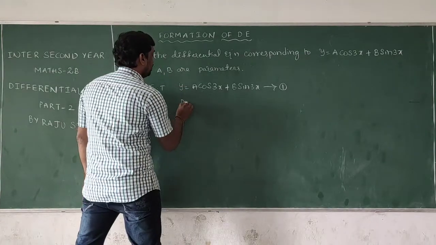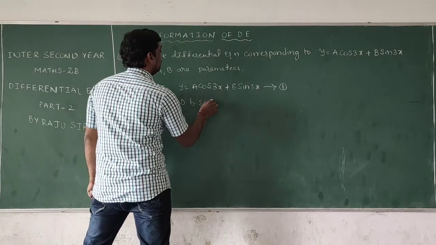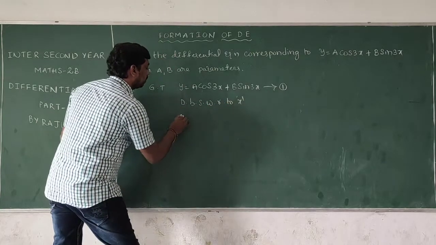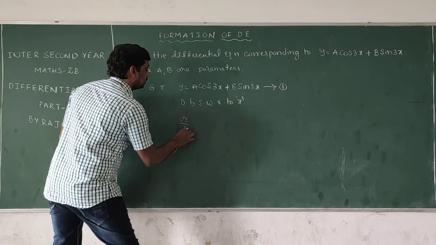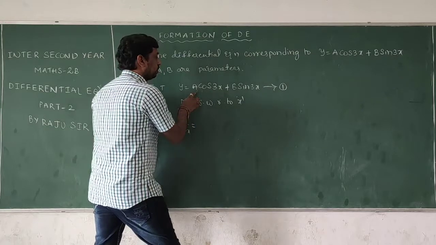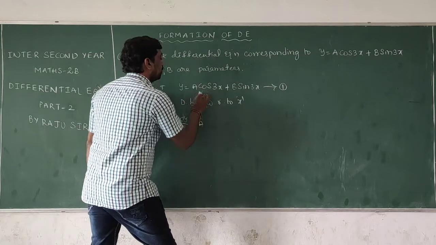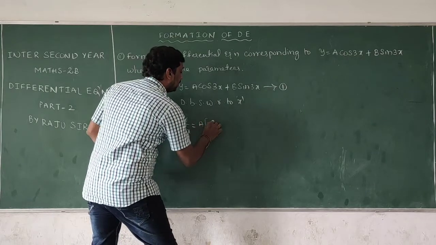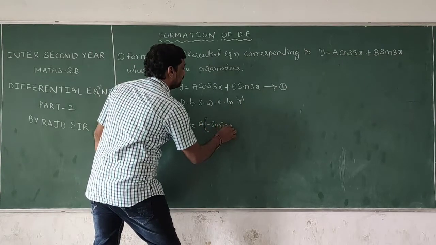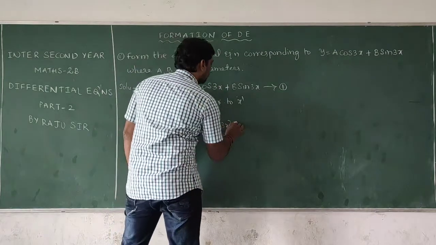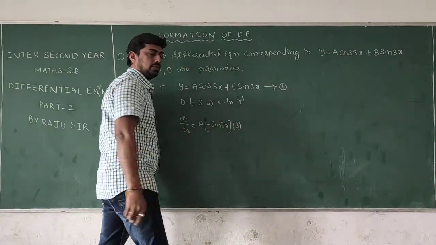First, differentiate both sides with respect to x. Derivative of y is dy by dx equal to, a is a constant, so a into the differentiation of cos 3x, which is minus sin 3x into the internal function 3x differentiation, 3 into x differentiation.